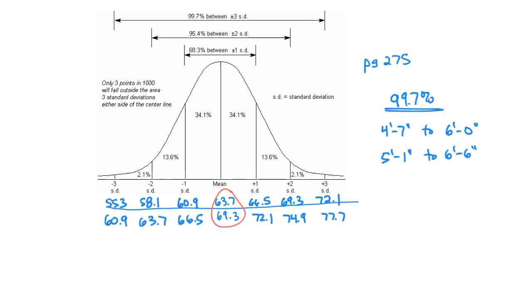So if you put this all together and we look down here, these numbers down here are roughly 4'7", about 5'1", about 6 feet, about 6'6". So this is 3 standard deviations above the mean. And here's the number.